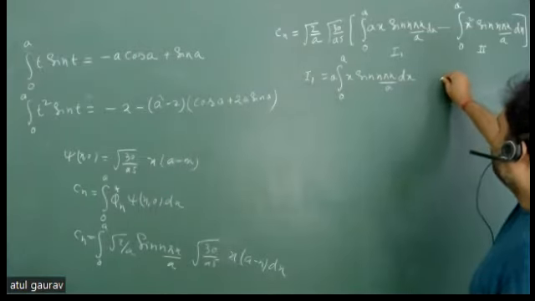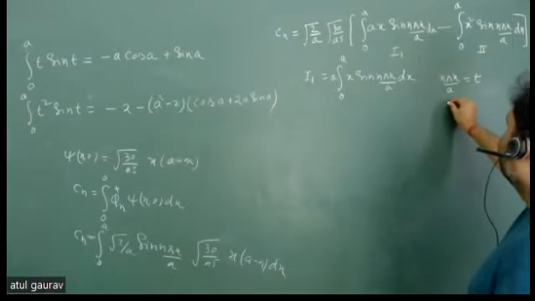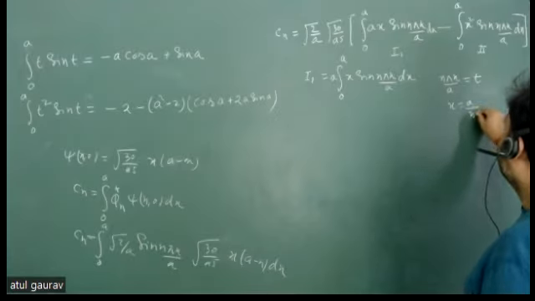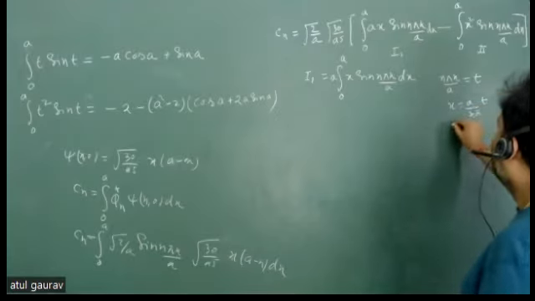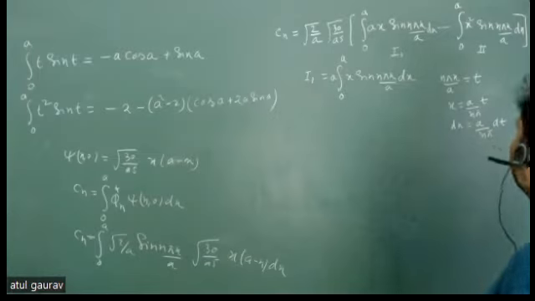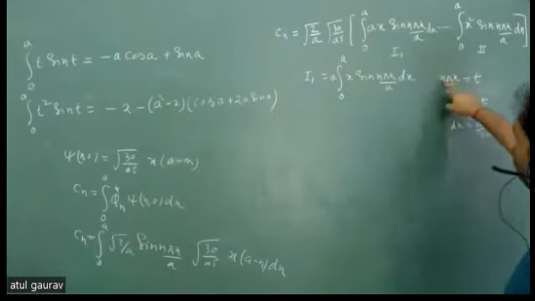I will put n pi x upon a is equal to t, and then we have x is equal to a upon n pi t, and dx is equal to a upon n pi dt. If x is equal to 0, t is equal to 0. If x is equal to a, t is equal to n pi.